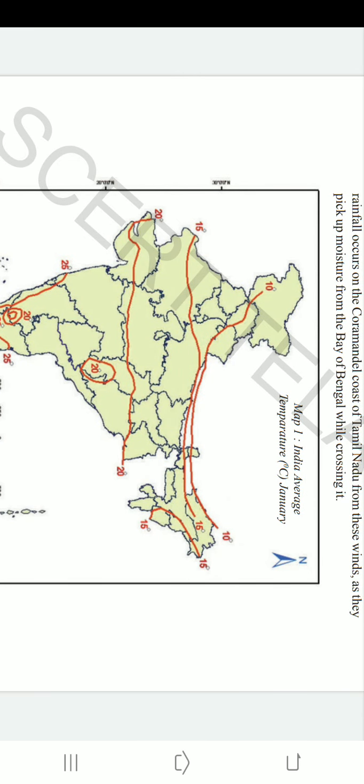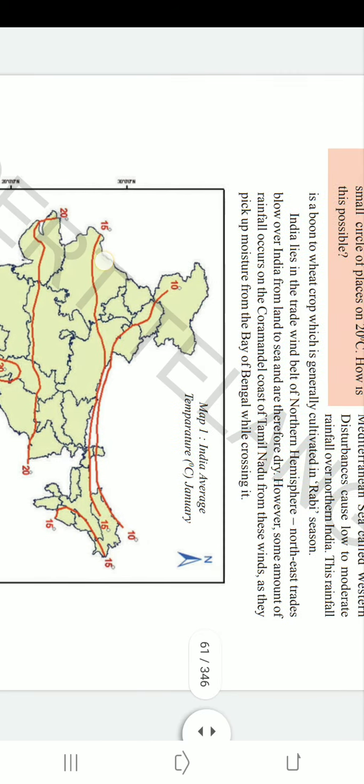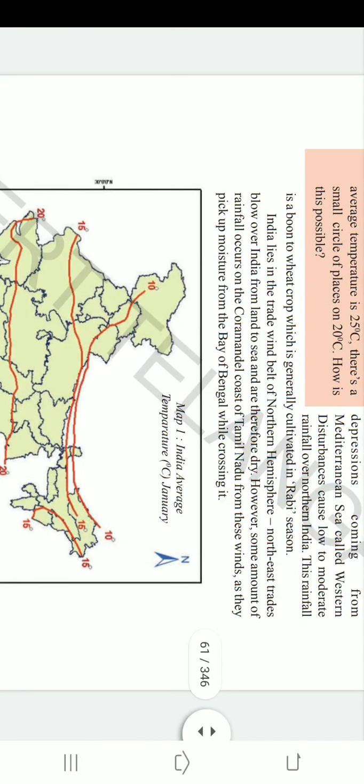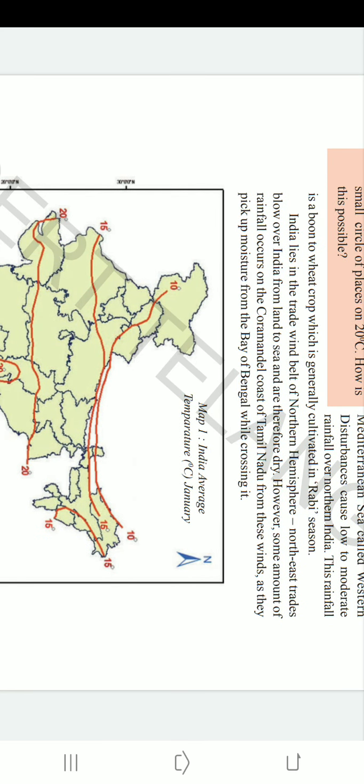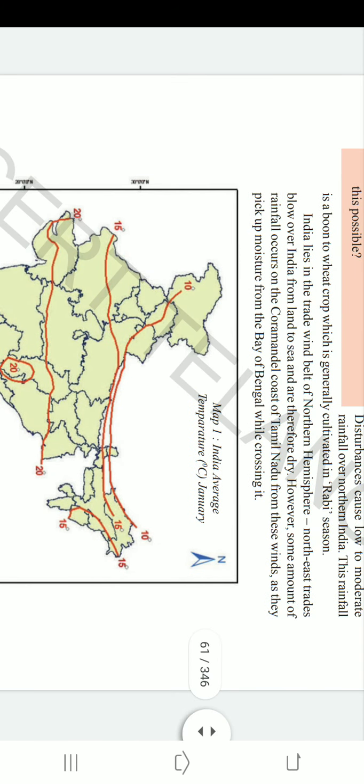This western disturbance brings moderate rainfall in North India, enough to grow crops in the Rabi season. It is enough for the wheat crop here.